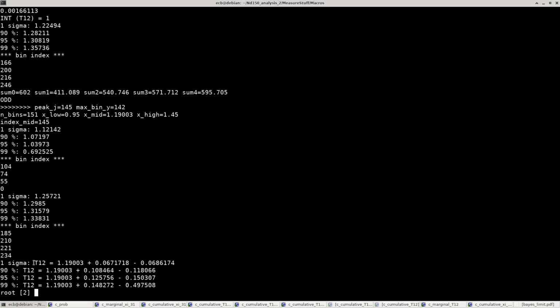Okay, so the 1 sigma half-life limit, so the central value is about 1.19, and I obtain plus or minus 0.067, and that's about symmetrical. And then if I go to 90%, the difference here is 1 digit in the thousandths digit, right? That's the first digit that's different.